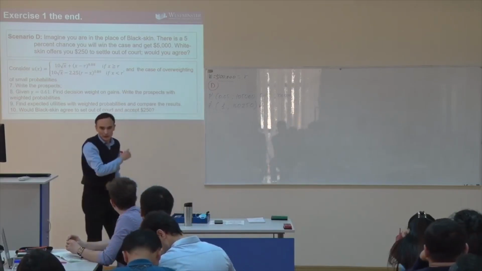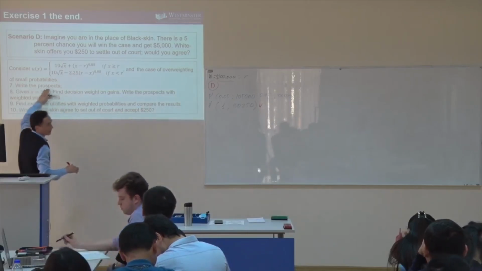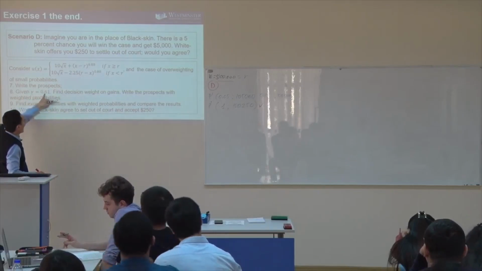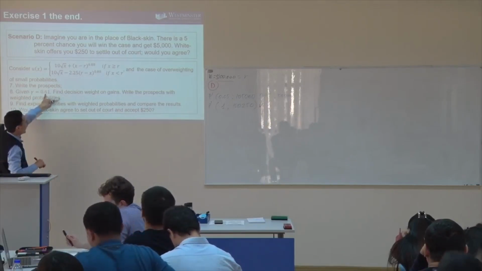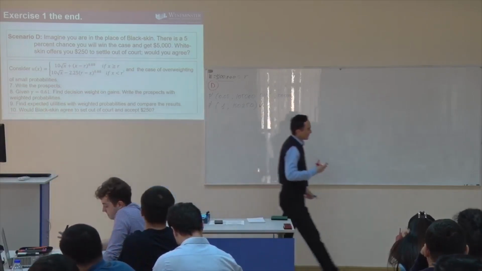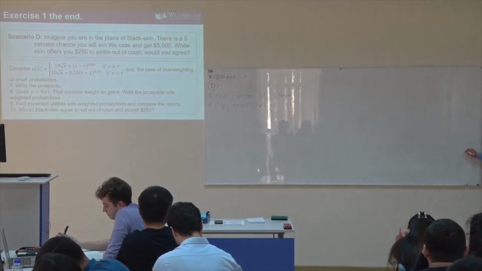So we will be doing similar calculations now, all right? We have written the prospects here. And now, given gamma, the power of probability is equal to 0.61. One thing, students: if the case is a loss case, usually we mark the power of probability with delta.